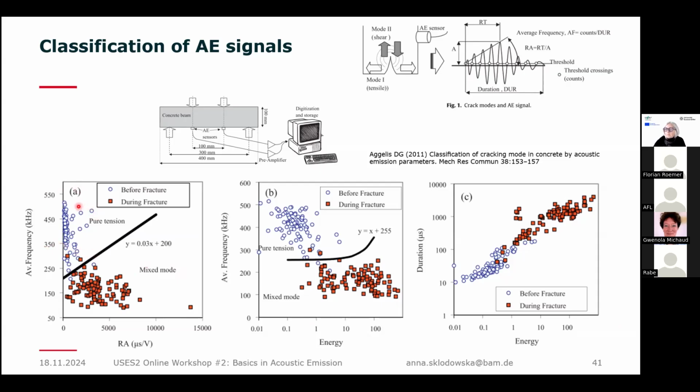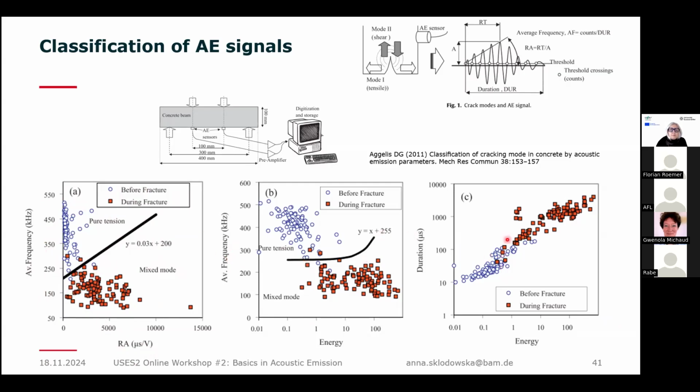So they can be put in certain parts. Like with the laboratory experiments, it's possible to make some kind of relation between them. If we plot the average frequency versus rise angle, we are able to define a line which separates those two types of events.